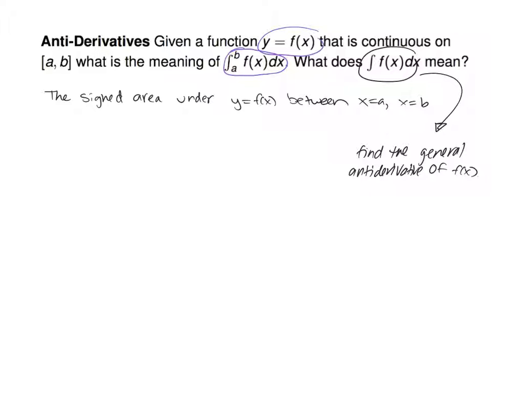And the whole general business means you're going to have a plus c on the end that accounts for all the different possibilities. That's also called a family of antiderivatives. Meaning like the same sort of base function, different plus c's. They're a family.